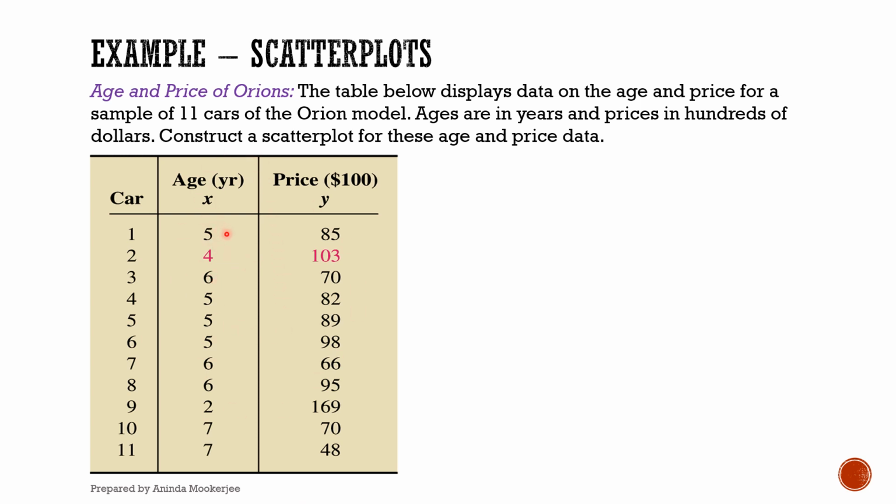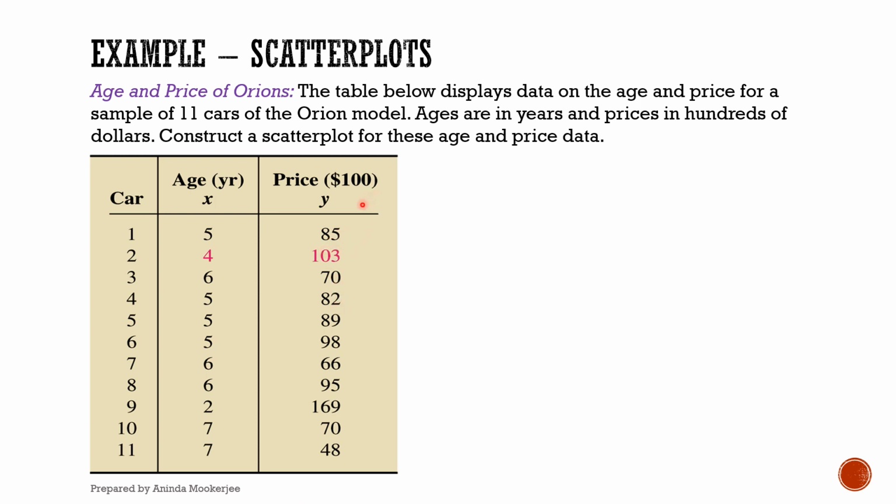So for one sample, a 5-year-old car was sold for $8,500. Again, the price is in hundreds, even though they have represented this as 85, it should be interpreted as 8,500. All right. A 4-year-old car was sold for $10,300, so 103. They have taken the hundreds from here and just represented it, just to keep it simple.